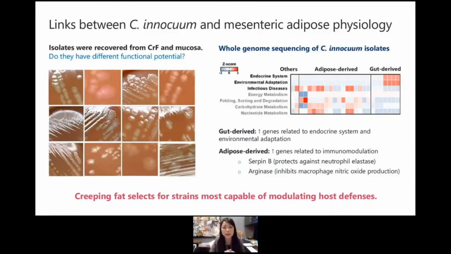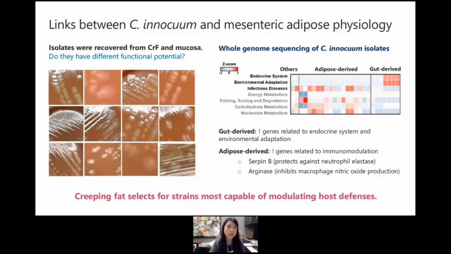inoculum isolates that I have curated through this study. And so what I found was that the C. inoculum that were isolated from the gut have a different subset of genes compared to the adipose or creeping fat derived C. inoculum isolates.